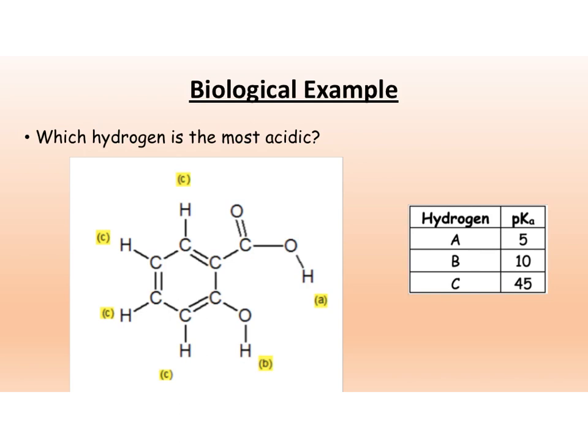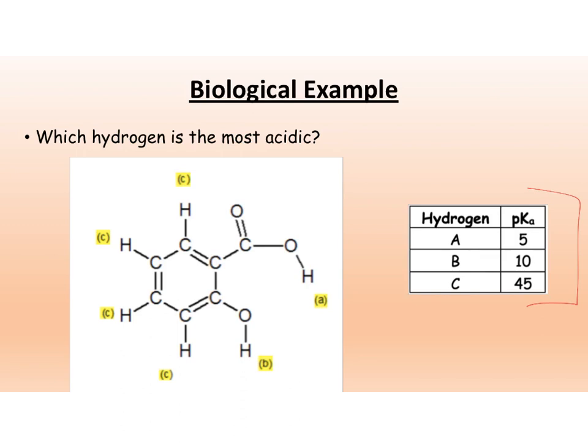Some biological examples. We are given a diagram of a molecule, and some different H's on the molecule are labeled. We're given the pKa for hydrogens A, B, and C, and asked which one is the most acidic.